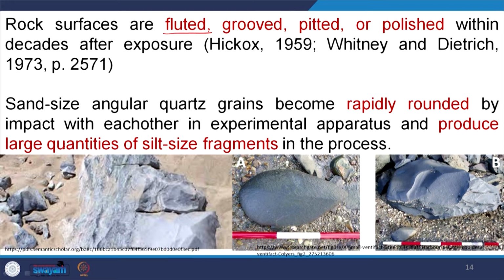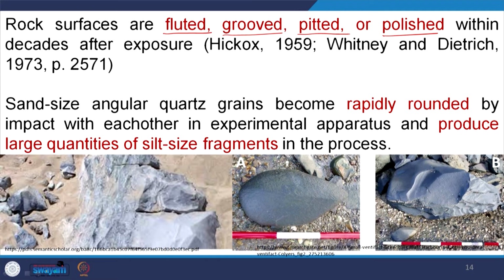Fluted means flute-like linear structures. Grooves mean small linear ridges. Pitted means a pitting appearance, and polished means polish occurs. So, polishing occurs within decades after exposure to the wind, if the wind contains silt and clay particles and is interacting with the surrounding rock materials.